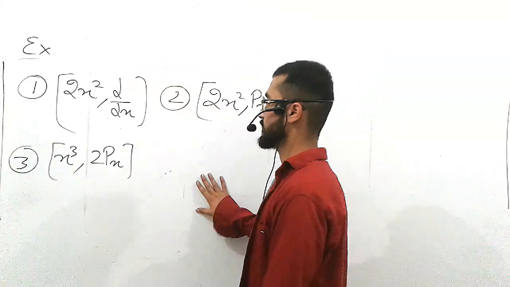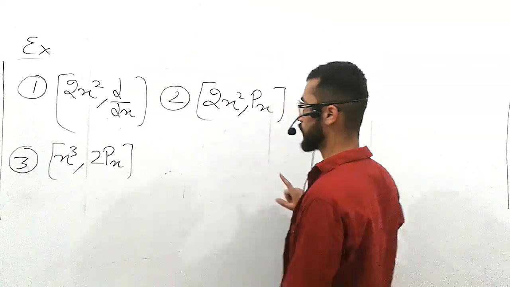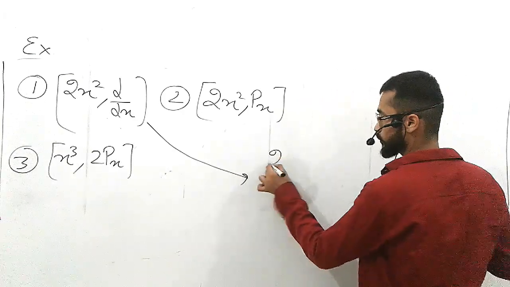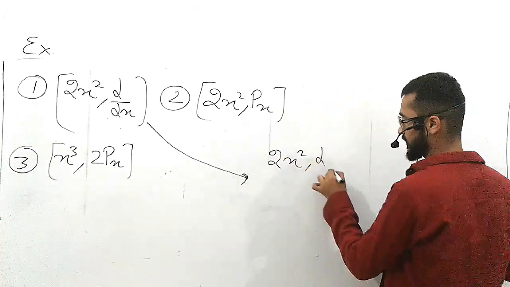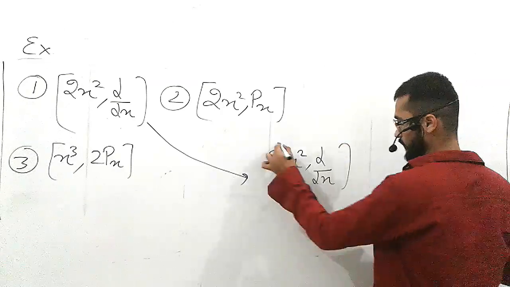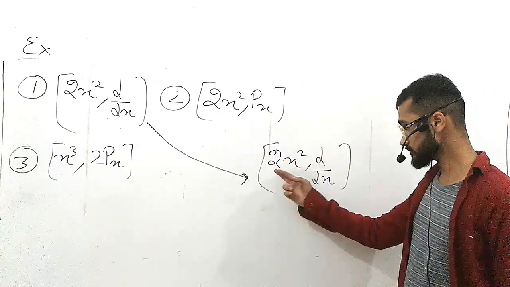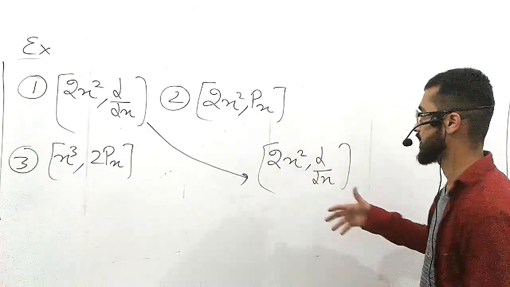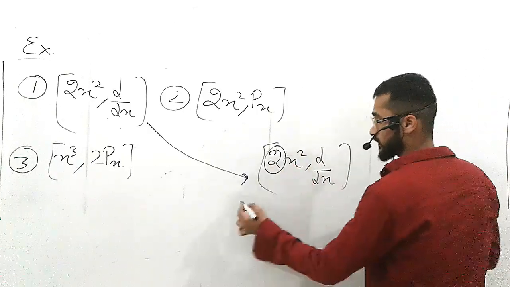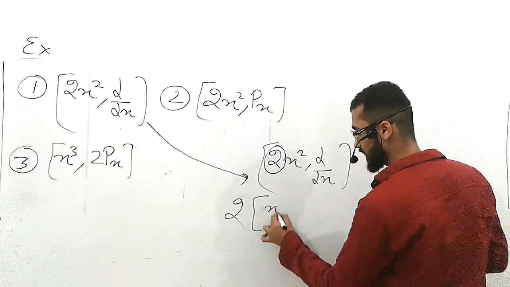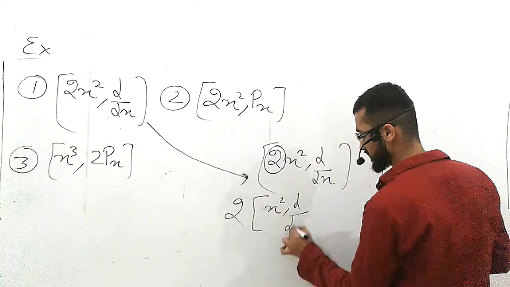Now I will solve these examples one by one. So look, I am solving the first one, 2x square and d by dx. What I will do, something changes here: this 2 will be written outside the bracket, and x square, d by dx.